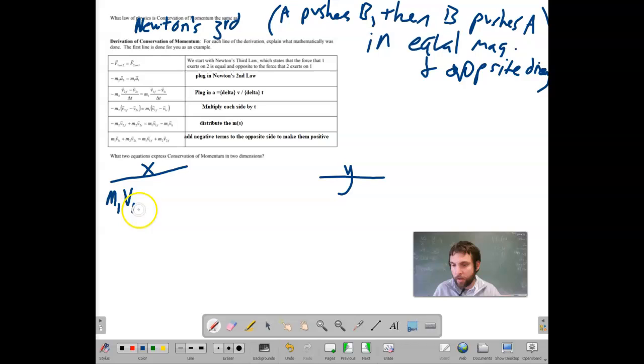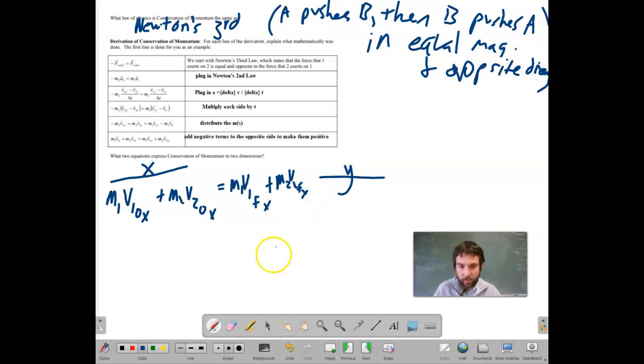m1 v1i in the x direction plus m2 v2i in the x direction equals m1 v1f in the x direction plus m2 v2f in the x direction. You will never believe what the y equation is going to look like.